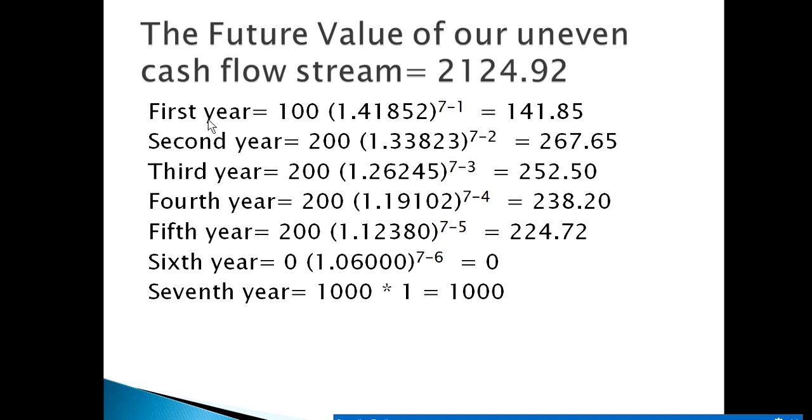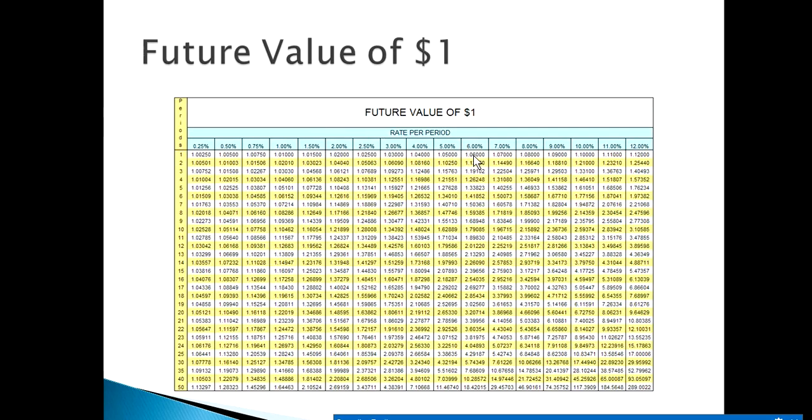For example, for the first year we have to multiply this cash flow, which is the payment we are going to make, by the future value interest factor for n, which is 7 years, minus t, which was the first year, meaning that we have to go to the table under 6% and the year number 6, because we have deducted 1 from 7, the number of years, minus 1, which is t, the first year.